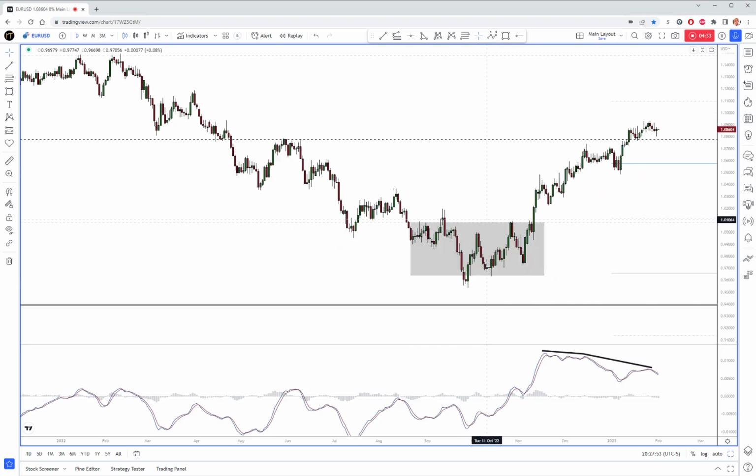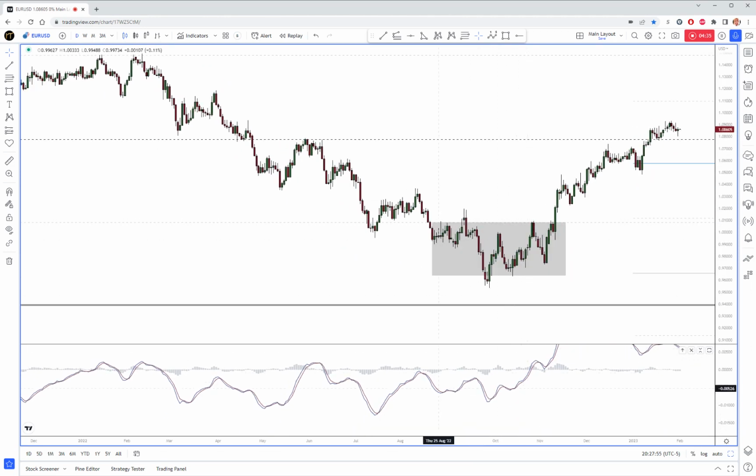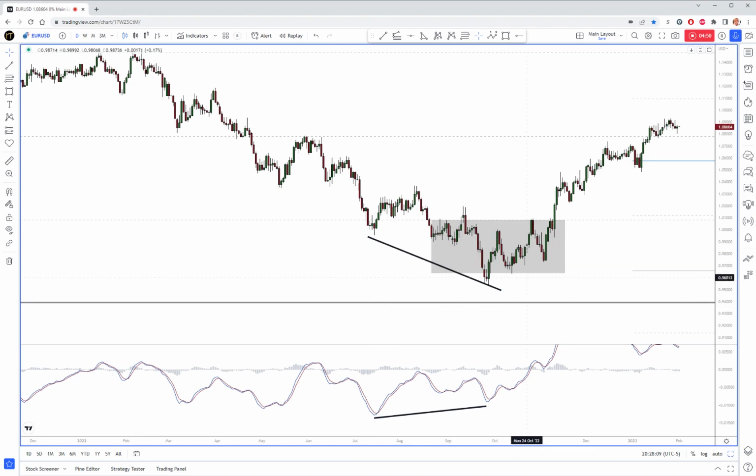There was a divergence technically, because if you take this divergence line right over here and draw this low to a higher low, and obviously this low to this low, it started creating a base, and then it took off for I don't know how many pips, but it's a pretty strong move.